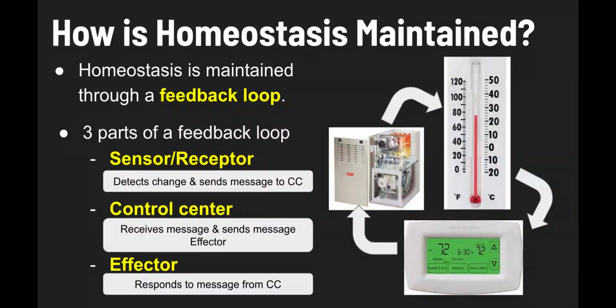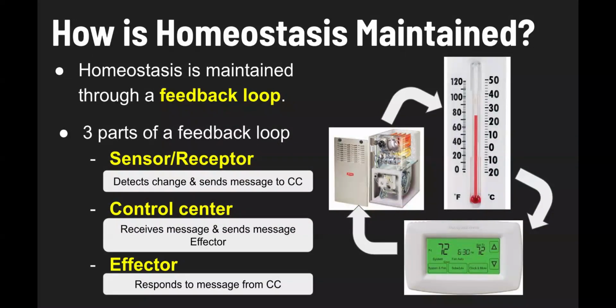And that control center receives that message, and whether the temperature is higher or lower than what it's supposed to be set to, once it receives that message, it sends a message saying what needs to be done to get the temperature back to its set point, where it's supposed to be.